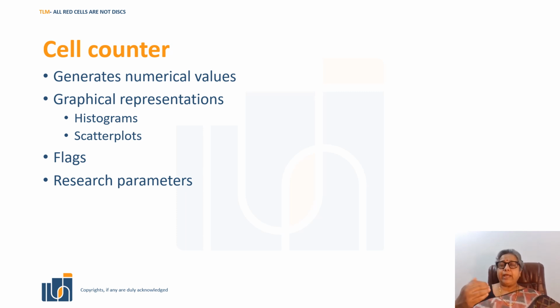At the end of the day, the more you invest in a cell counter, you should ensure that you have the sufficient expertise to be able to interpret the data coming from the cell counter, and also that the cell counter is able to give you the kind of data that you want.